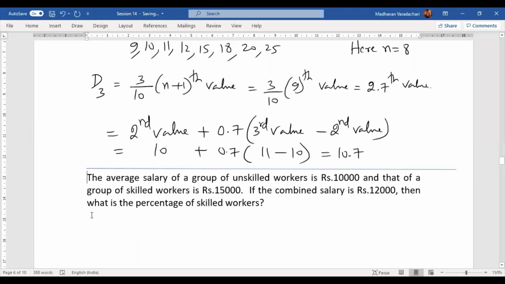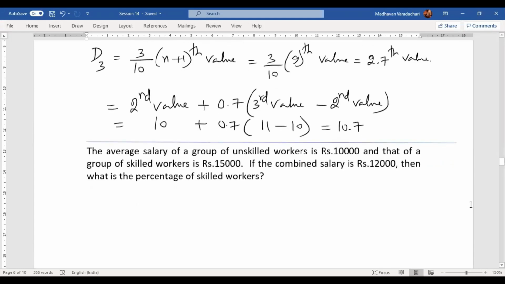The next question. The average salary of a group of unskilled workers is rupees 10,000, and that of a group of skilled workers is 15,000. If the combined salary is 12,000, then what is the percentage of skilled workers? Here, there are two groups, skilled and unskilled. So I'll write first unskilled, then skilled.